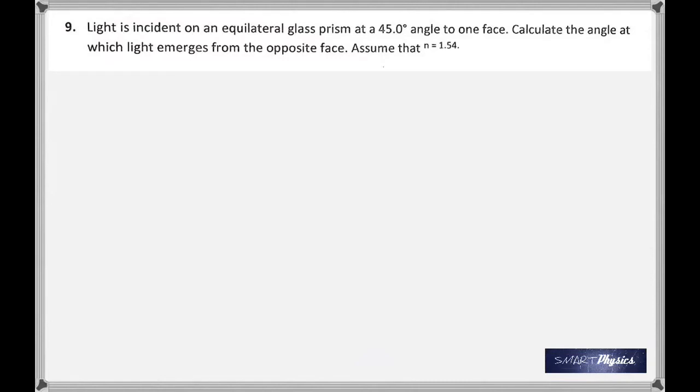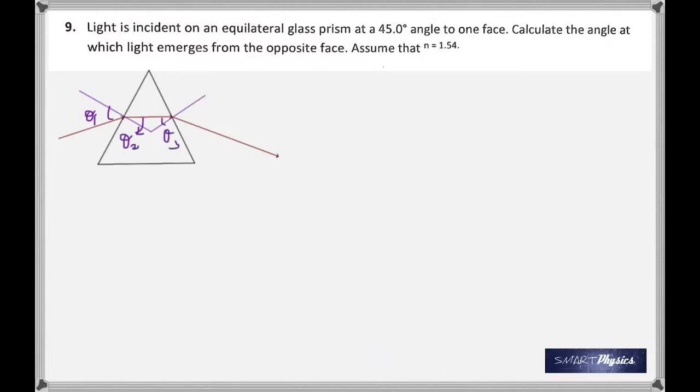In this question, you have an equilateral glass prism, and light is incident at 45 degrees. You have to find the angle at which light emerges. Okay, once again you have those four angles, theta 1, theta 2, theta 3, and theta 4.